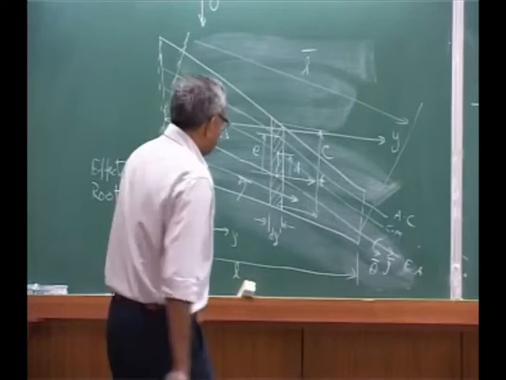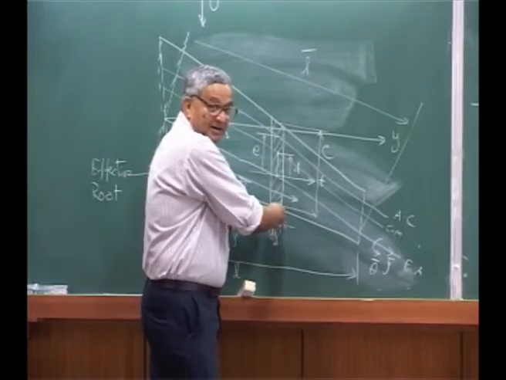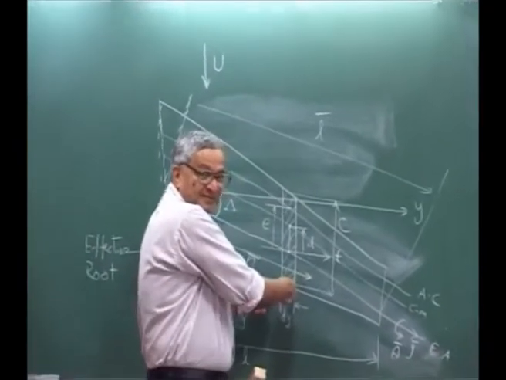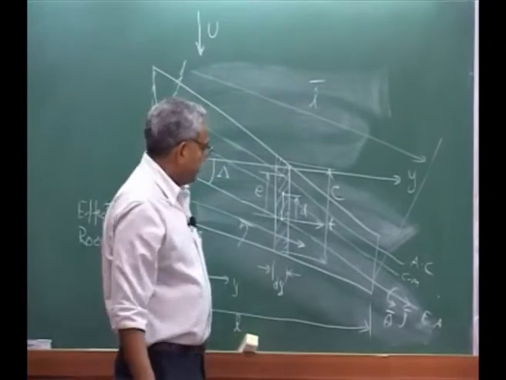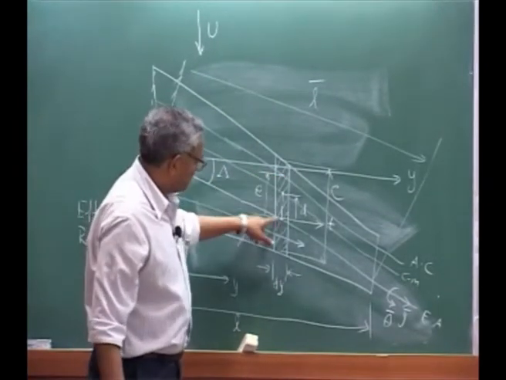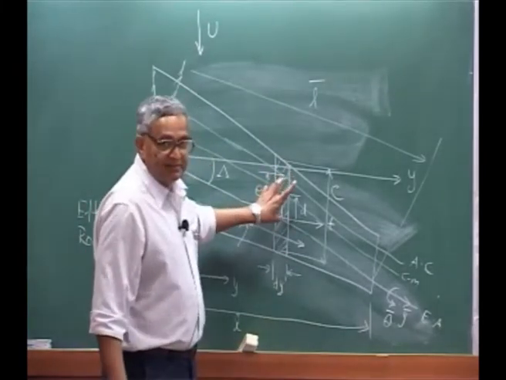Okay, because this is my strip, please understand. I got my lift force on this strip with the chord C and also offset E, everything. Now what is my angle of attack?